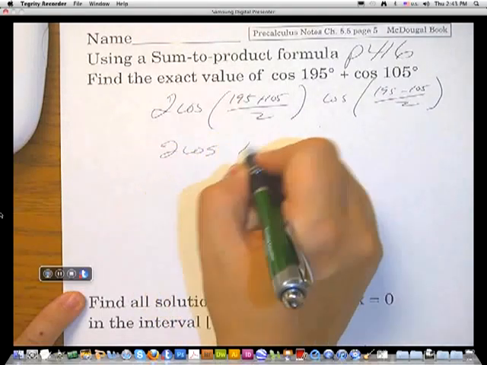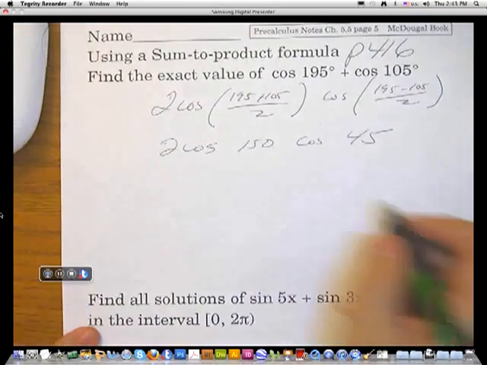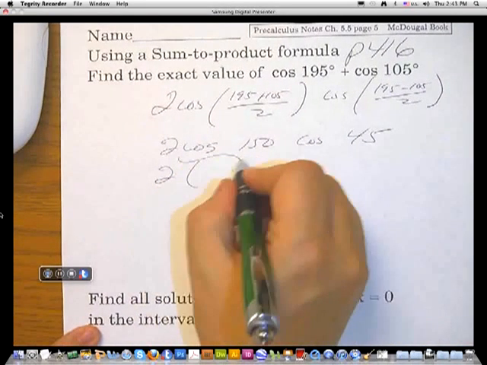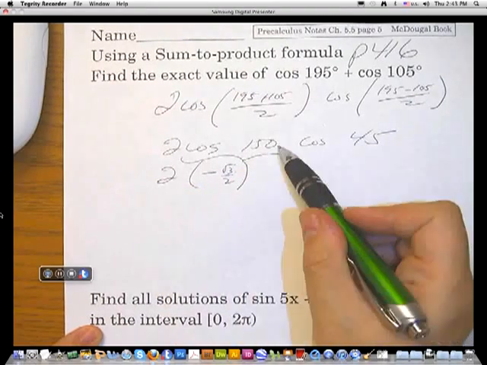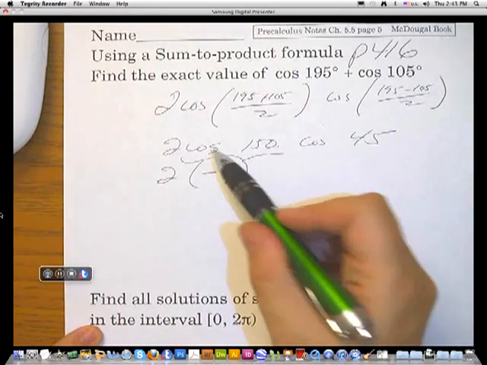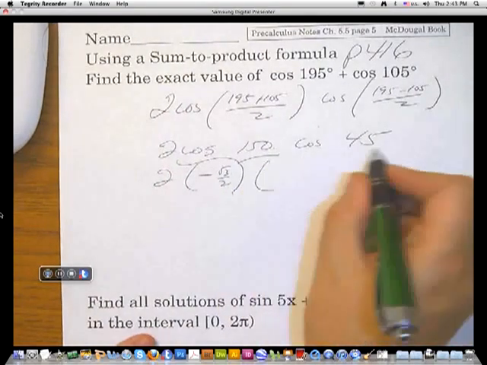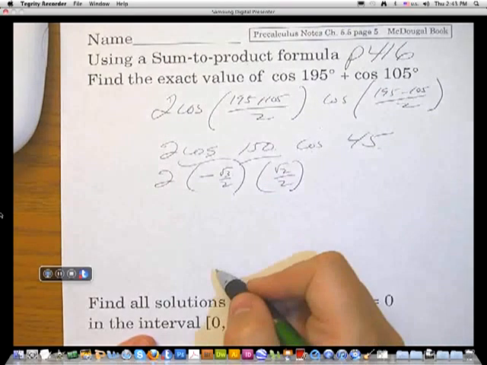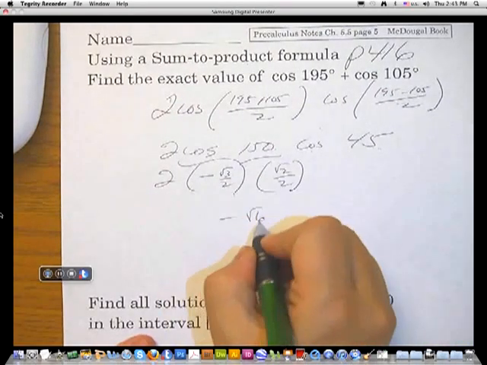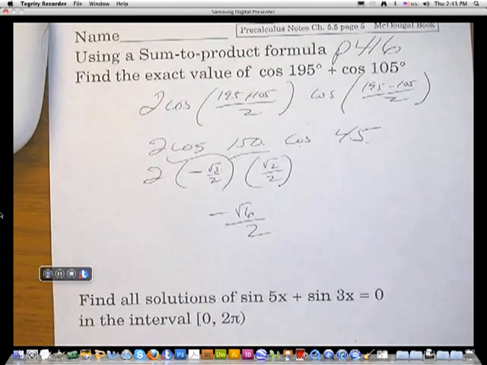So we get 2 cosine of 150 cosine 45. Cosine of 150 is negative root 3 over 2 because it's in quadrant 2, it's negative, and it references 30 degrees. Cosine 45 is quadrant 1, cosine root 2 over 2. Do the combinations, we get negative root 6 over 2.